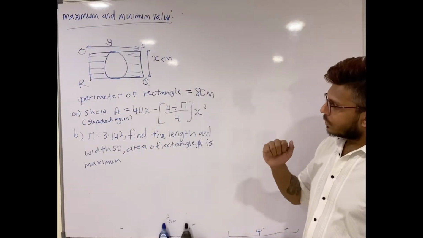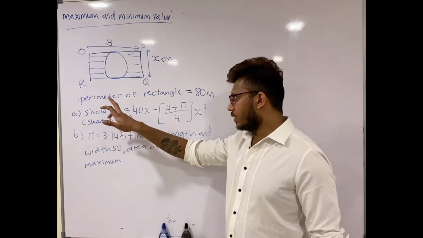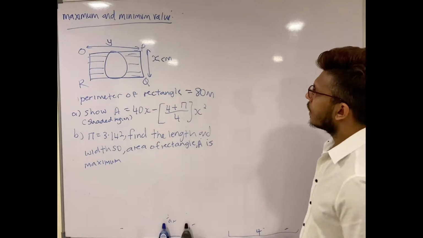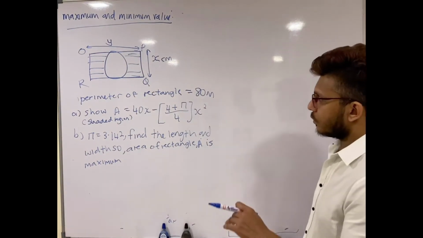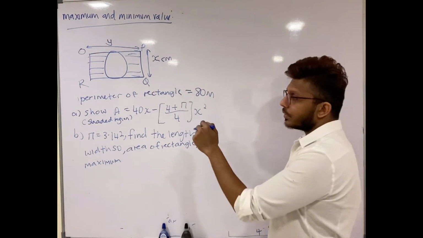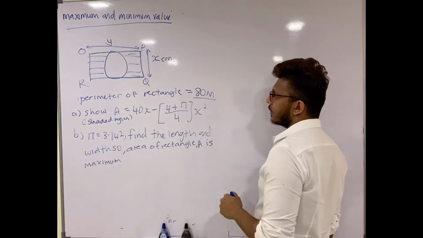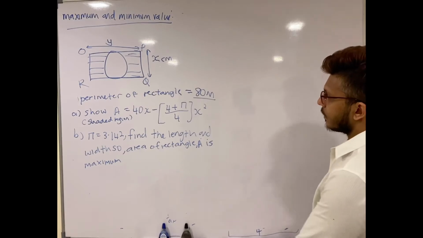So you see here now, they want you to prove that the area of the shaded region is 40x minus (4 plus pi over 4) x squared. Now to do that, firstly, another information is given here that the perimeter of the rectangle is 80. How do you find the perimeter of the rectangle?